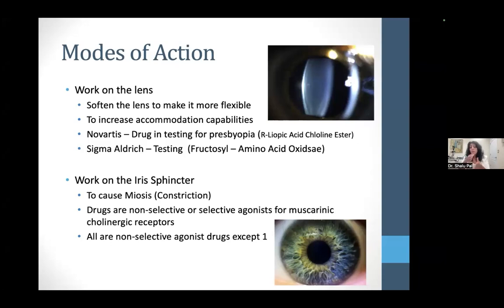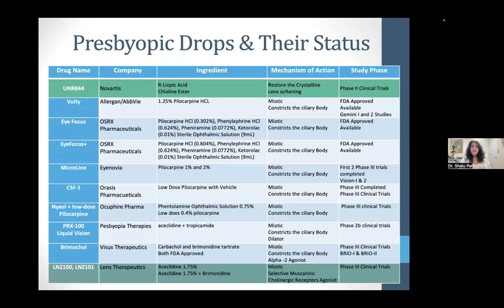Now you've got a couple of different categories of medications in this category here, and we're going to talk about them. We have non-selective and selective. So we're going to dive in a little bit deeper here. But I've worked on this grid here a little bit and taken it from a couple of different places and added to it. And I wanted you to see all of the different medications that are currently available or that are in the pipeline or that are in clinical trials.